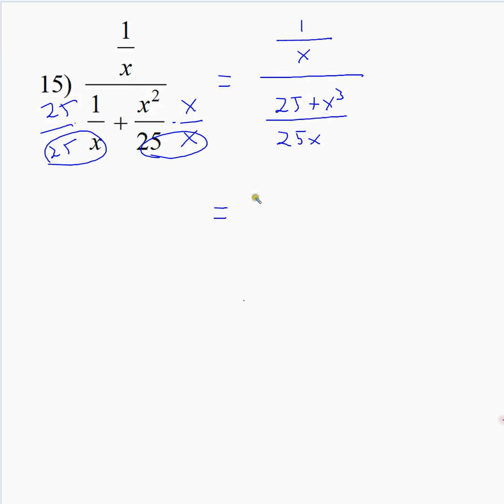Well, we know that dividing is the same as multiplying by the reciprocal. So I'm going to multiply by the reciprocal of this. That'll put the 25 over x in the top, and then 25 plus x cubed in the denominator. This x reduces with this x, and we get 25 over 25 plus x squared.